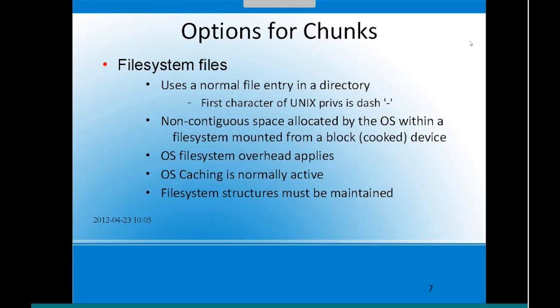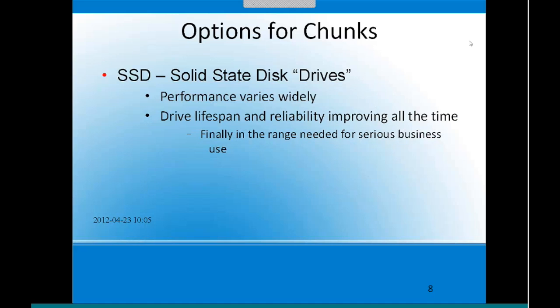Operating system caching is normally active. We'll discuss that. Okay, and the file system structures themselves have to be maintained, right? The file exists within a folder or a directory structure, and that hierarchy has to be maintained. And information about the file, when it was last opened, when it was last modified, etc., all has to be maintained. And different file systems have different requirements, right?